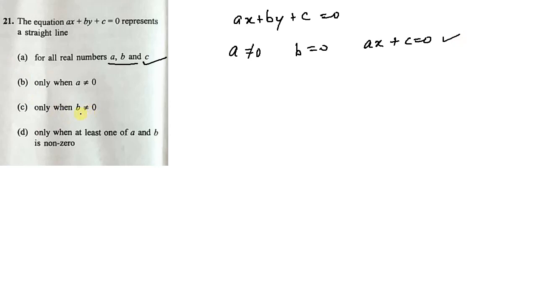Same as option number C, this one also represents a straight line. Now coming to option number D, only when at least one of them is 0. So all these options represent that no matter what the values of a, b and c are, we can draw a straight line if at least one of them is a variable. So option number D is exactly the correct value.